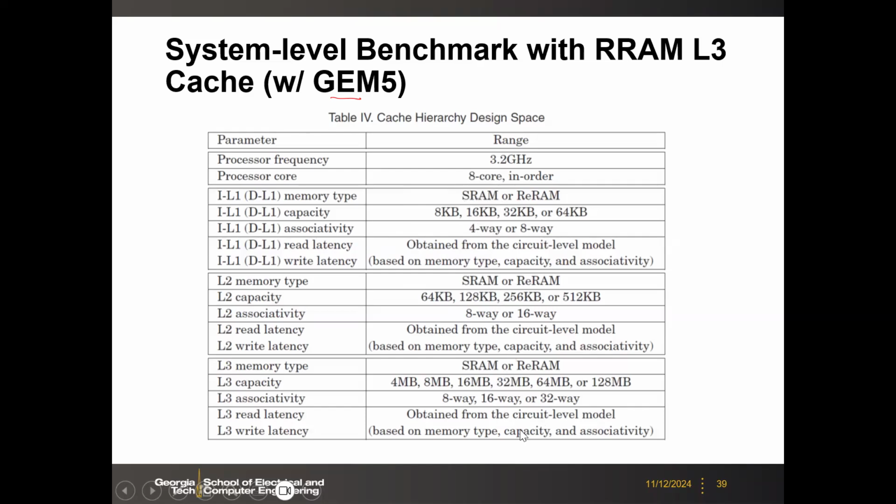Of course, we know for sure for L1, L2, you don't want to use RRAM because you need the speed there. But anyway, as an exercise, you can include the RRAM options there. Later, you will see the trade-off. You define all those L1, L2, L3 cache technologies, the capacity, the associativity, and so on, okay? But the latency and area, the PPA, come from the NVSim simulator in this case. In gem5, you only define those parameters, like the cache hierarchy.